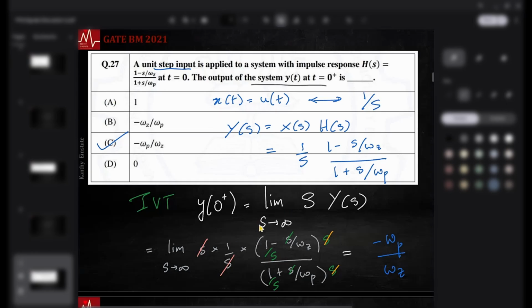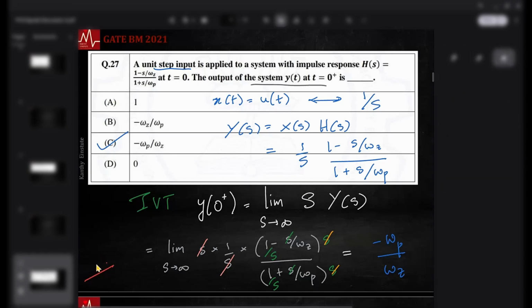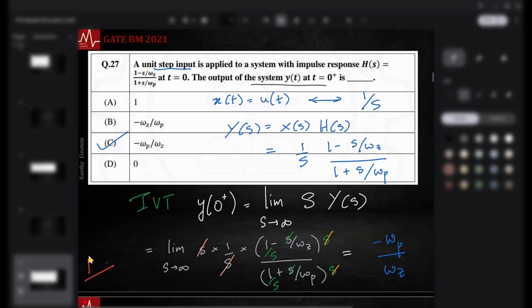See how I pulled out that s. This is minus omega p by omega z. That is your application of the initial value theorem. Try this step.